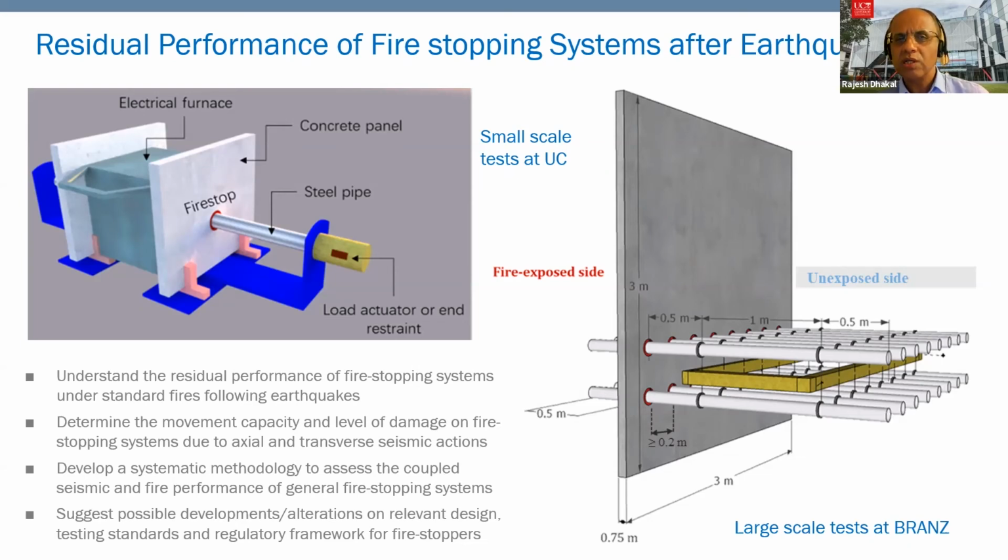In this project, we intend to do small scale tests in a university lab, and then follow that with the large scale test at BRANZ. So the idea is to understand the residual performance after the earthquakes and develop a kind of validation methodology for fire stopping systems, because we are working together with Hilti and BRANZ on this project.